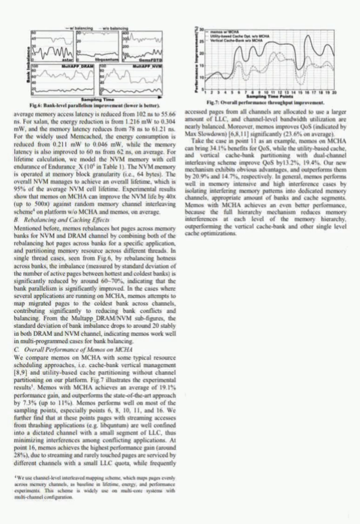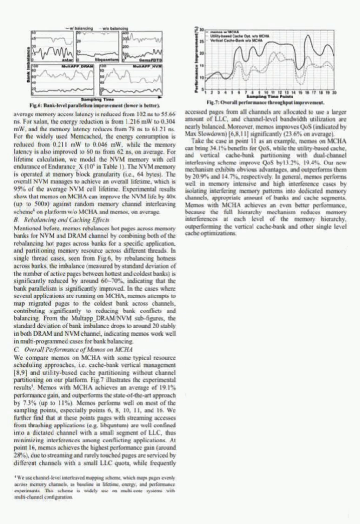Take the case in point [11] as an example. MEMOS on MCHA can bring 34.1% benefits for QoS, while the utility-based cache and vertical cache bank partitioning with dual-channel interleaving scheme improve QoS by 13.2% and 19.4%.